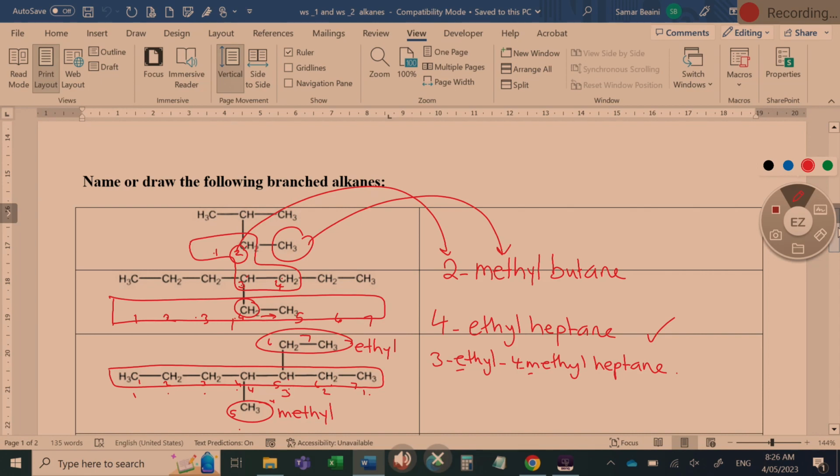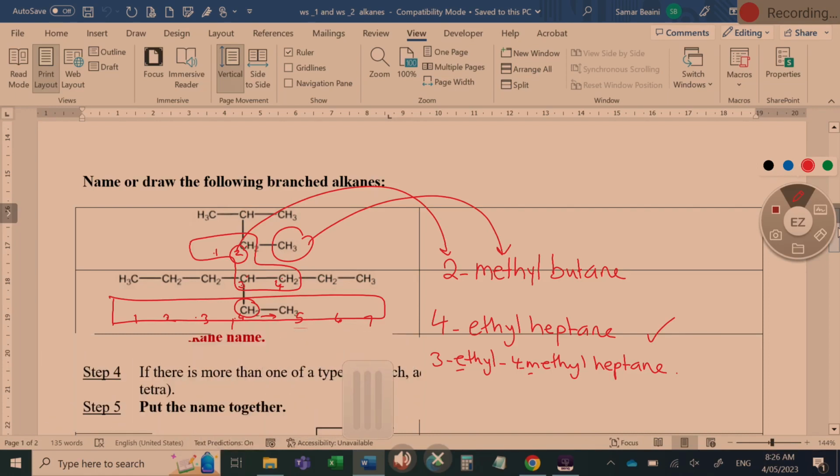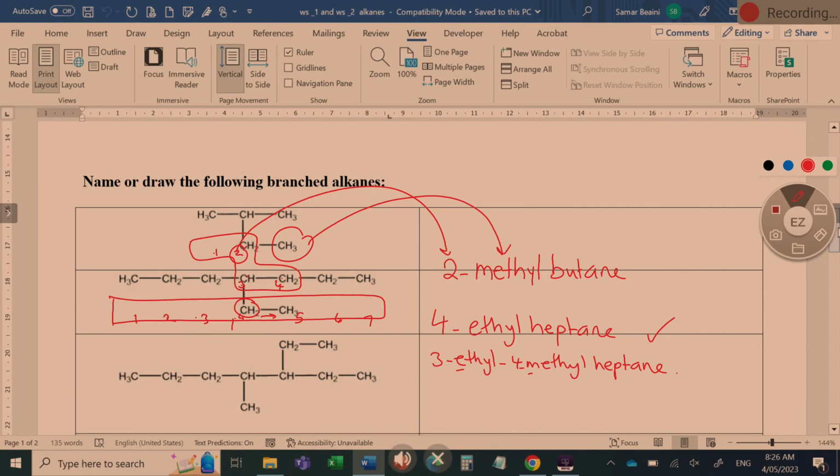Why did you write 6 and 7 and 5? Why is that not 1 and 2? Okay, let's do this again. So I need to count, right? We know that this is my longest chain. I boxed it. The next part is to decide from which end I count, from this side or from this side. That side, because that's the first.